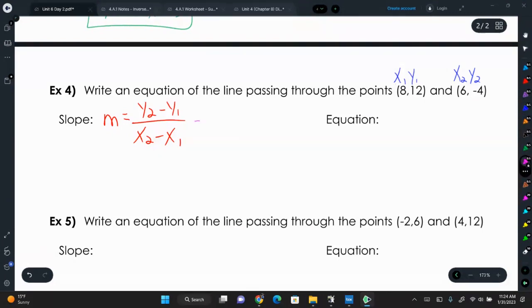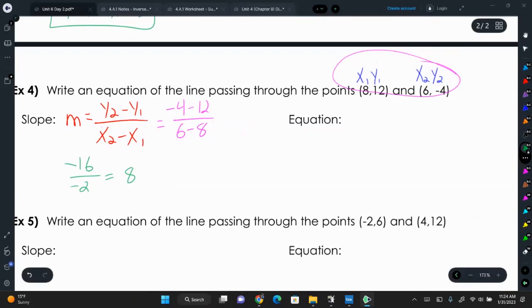Our slope is going to be negative 4 minus 12 over 6 minus 8. I'm just plugging in my points into the slope formula. Negative 4 minus 12 is negative 16. 6 minus 8 is negative 2. Negative 16 divided by negative 2 is positive 8. So our slope is 8.